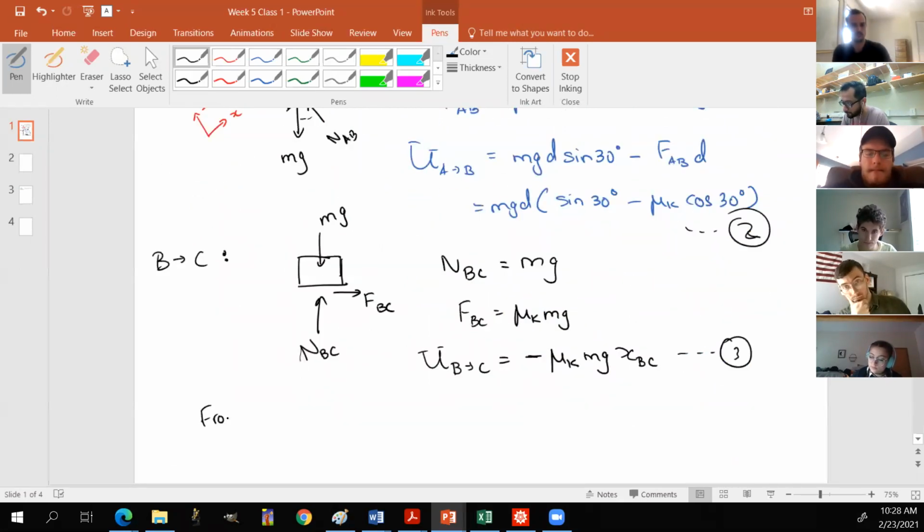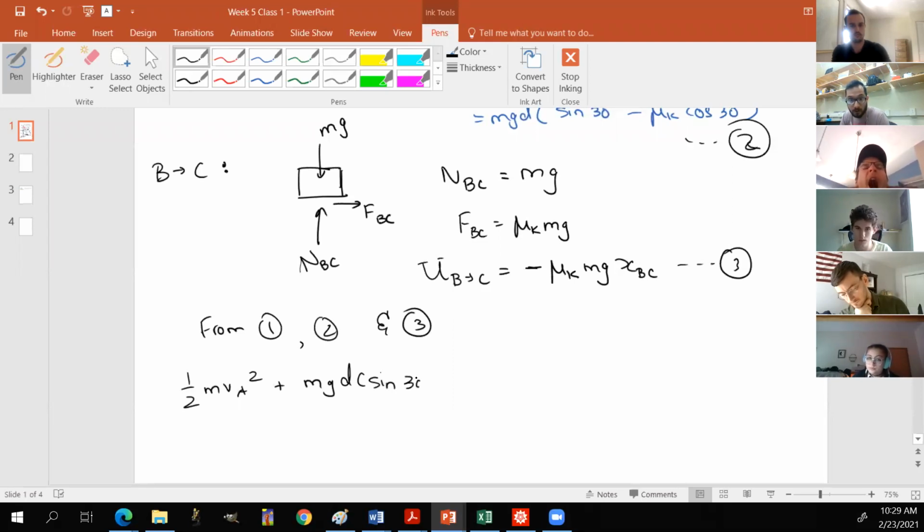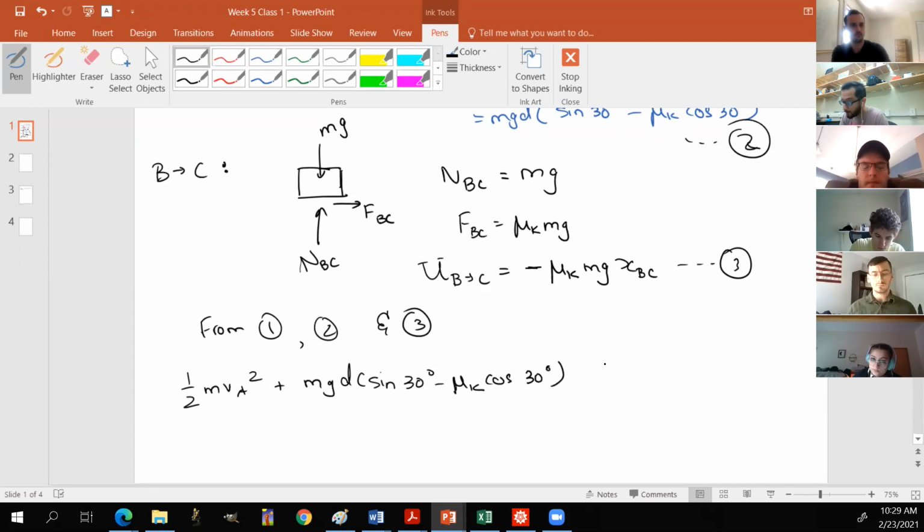So from 1, 2, and 3, you end up with half m v_A squared plus mgd times sine, whoops, 30 minus mu_k cosine 30, minus mu_k mg x_BC, is equal to 1/2 of m v_C squared.